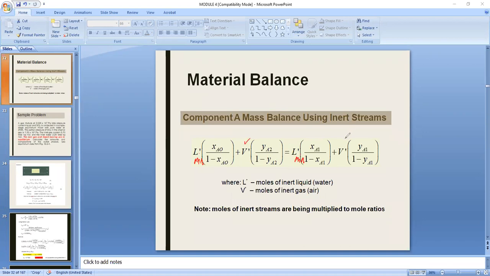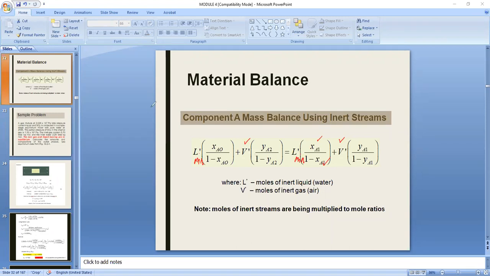This you need to substitute properly, and the X1 that you solved, you place it here. The rest you also place the values, and you'll be able to get the L prime minimum. It's different when it's stripping, because then it's your V prime minimum that you're going to determine. So just place it in here.